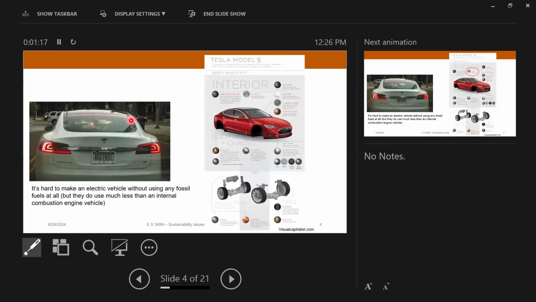Okay. And so there's a whole subgenre of memes on social media dunking on people who drive Teslas and have snarky license plates, like this one says "Forget Oil." But the reality is, it is impossible to make an electric vehicle without using any fossil fuel at all. Obviously, when they drive, they're not burning fossil fuel. Depending on where your electricity comes from, there may be CO2 emissions associated with that.